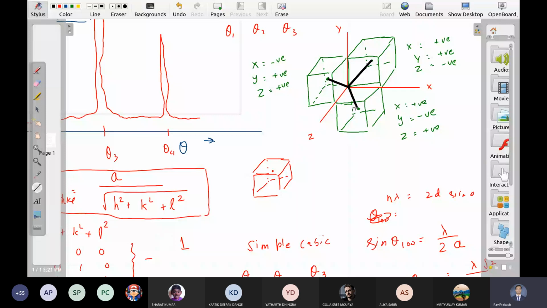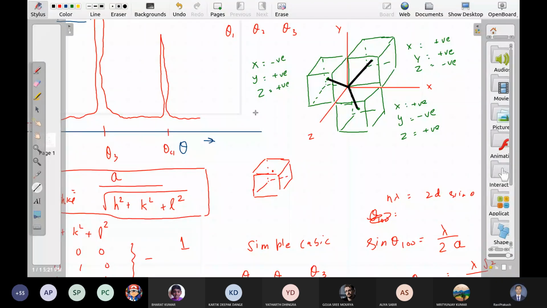And these vectors are not perpendicular. The lines drawn in black are not perpendicular to each other. Make a cube using these three vectors. It is some kind of deformed cube. Make a unit cell from these vectors. That will be the primitive cell of BCC.